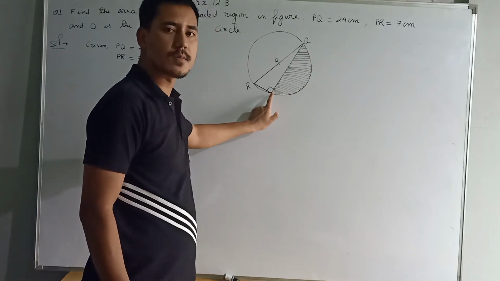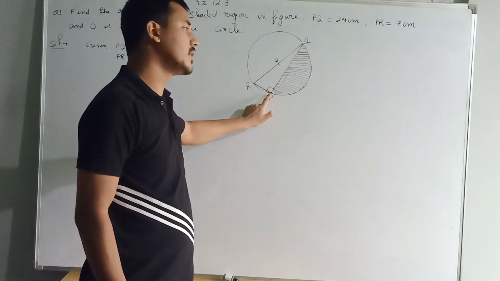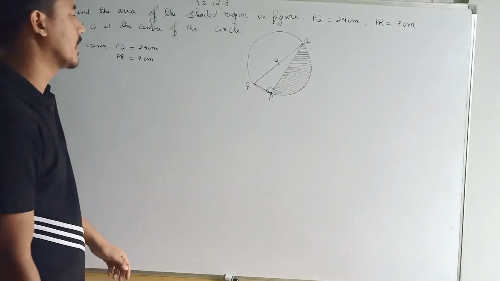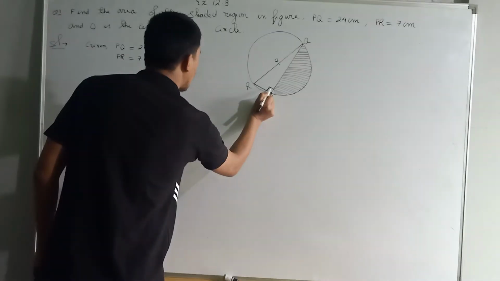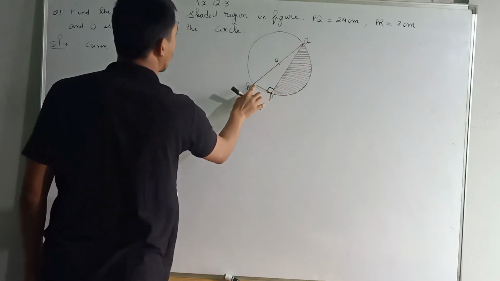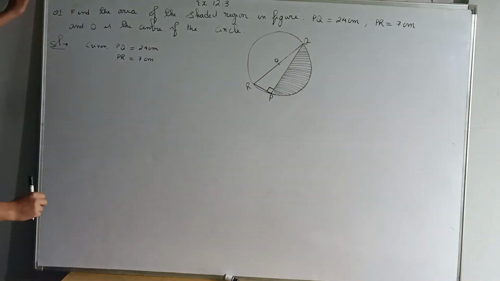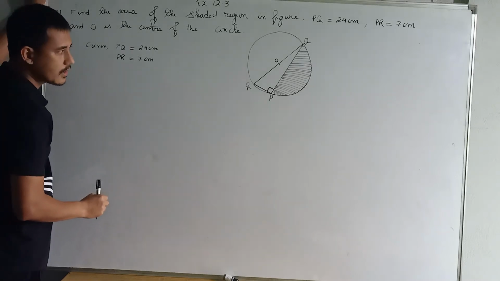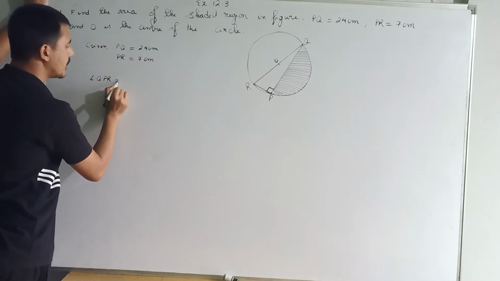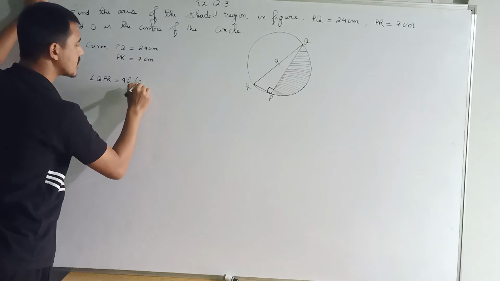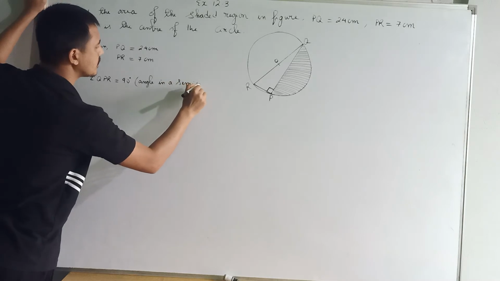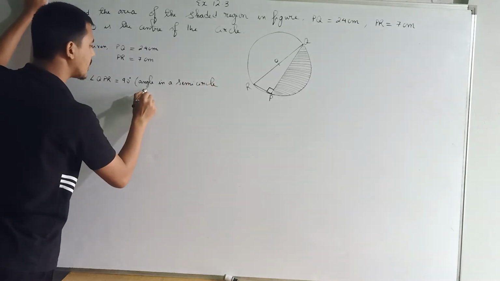P is a point on the semicircle, so the angle formed at this point will be 90 degree because the angle in a semicircle is a right angle. This angle will be named angle QPR. So angle QPR is equal to 90 degree, because the angle in a semicircle is a right angle.